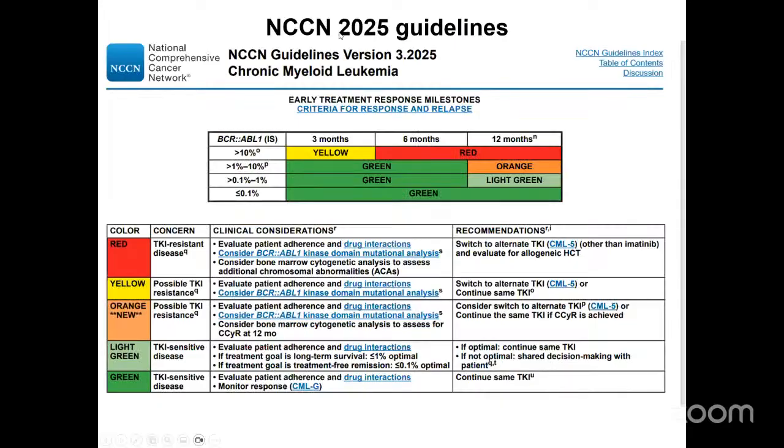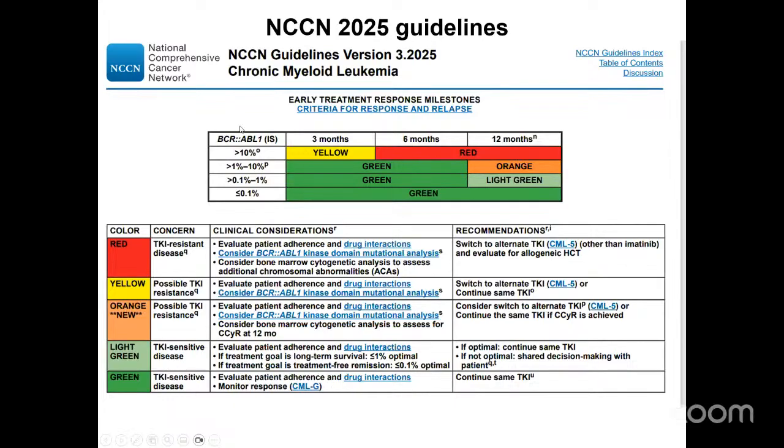And these are just NCCN guidelines that talk about how patients with chronic myeloid leukemia should respond to TKI therapy. You want at least a threefold reduction.